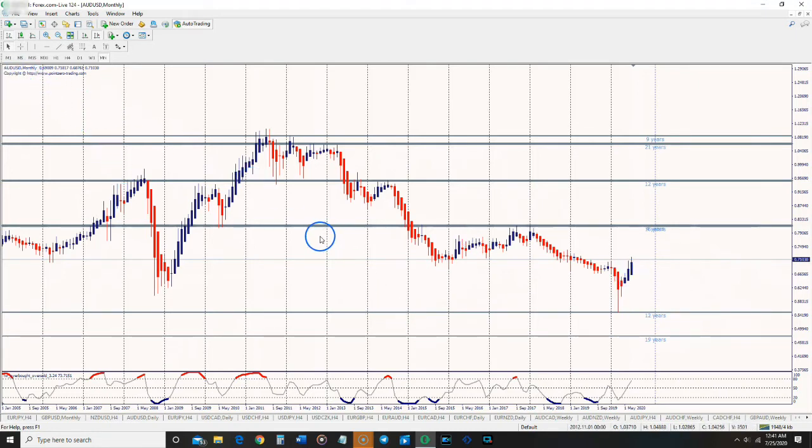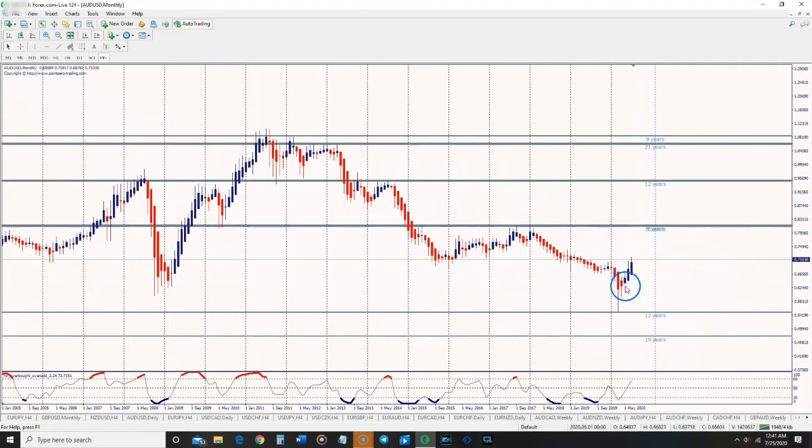So when you're on a chart and looking at which currency pair it is, always remember the AUD, the first currency, is what we refer to as the base currency, and the second currency in the pair is the quote currency. And it's simply saying that, comparing the AUD to the USD, the Australian dollar for the month of July is stronger than the US dollar.